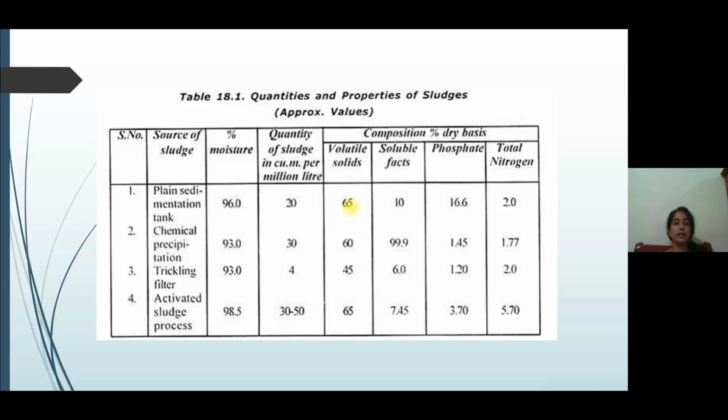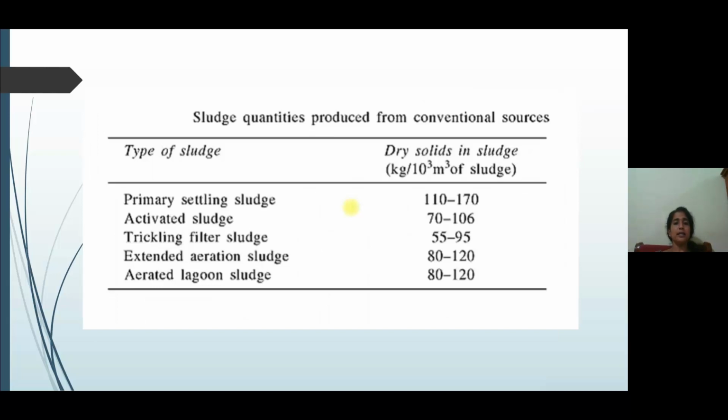And the quantity of sludge in meter cube per million liter is also given, and the composition in percentage of dry basis, that is volatile solids, soluble fats and phosphates, and the total nitrogen. Then the sludge quantities produced from conventional sources are also given, that is in terms of dry solids in sludge.